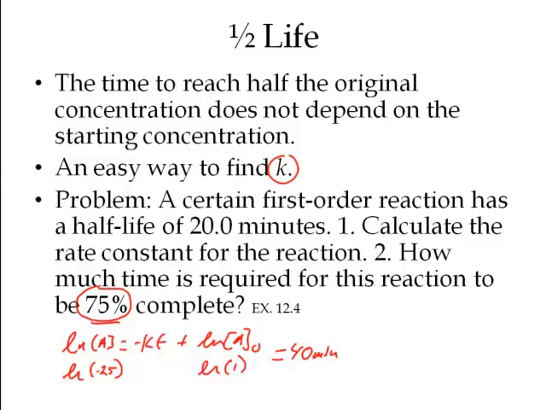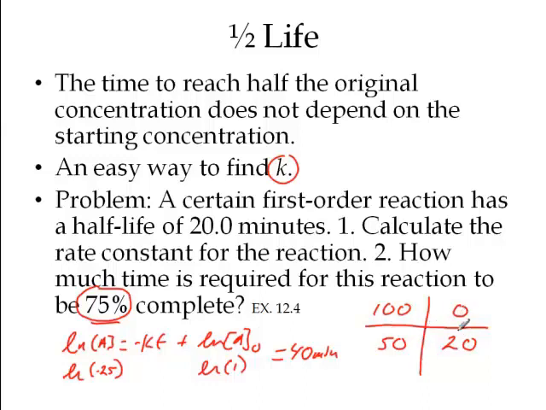Another way is, since it's first order, it makes it easy for us. If we have 100% of the stuff at time 0, and they already told us the reaction has a half-life of 20 minutes, then at 20 minutes, how much is left? 50%.